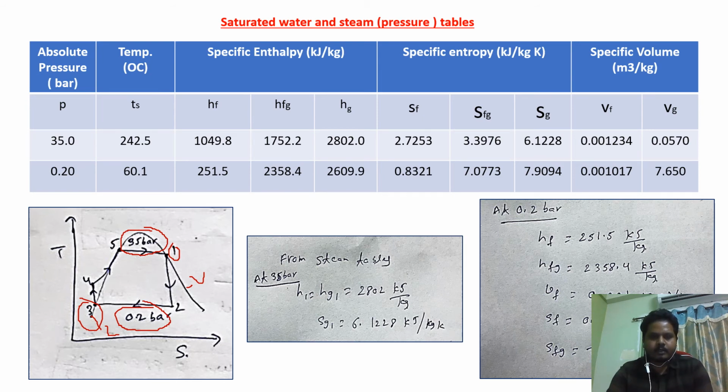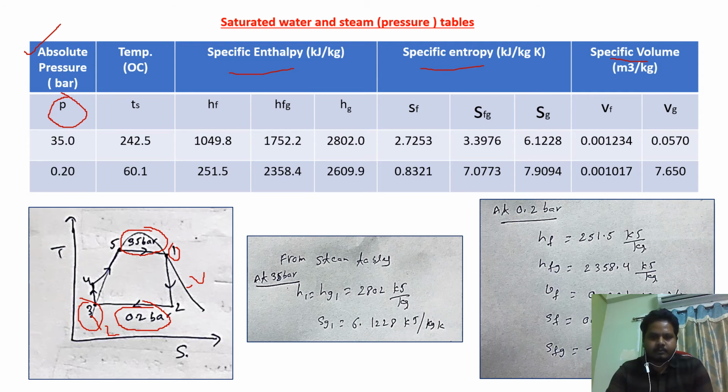Since they have given pressure values, we have to consider the pressure table. So this is the saturated water and steam table based on pressure. As we know, from the pressure we can find the specific enthalpy, specific entropy and specific volume.